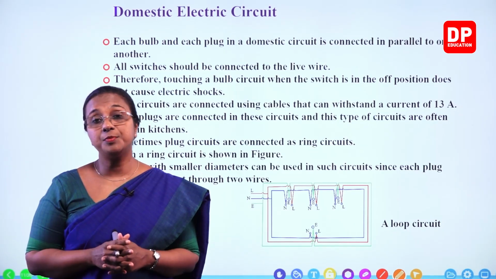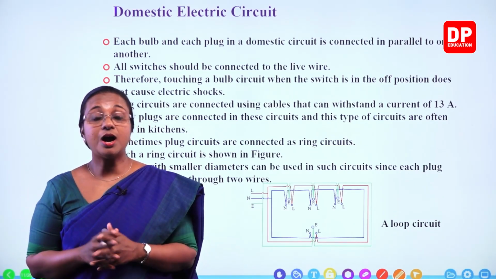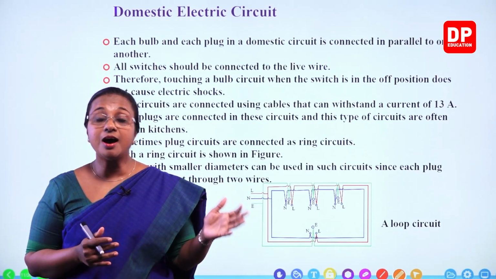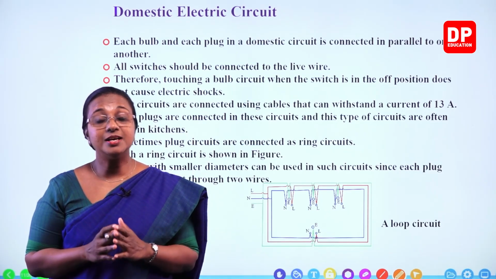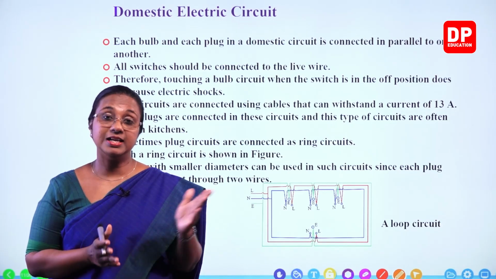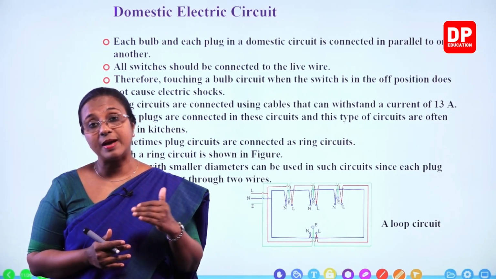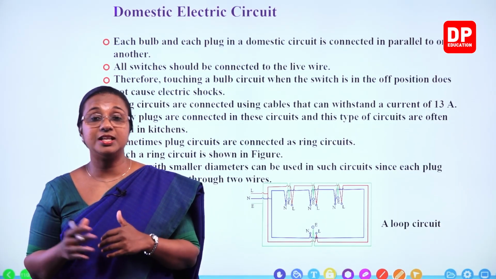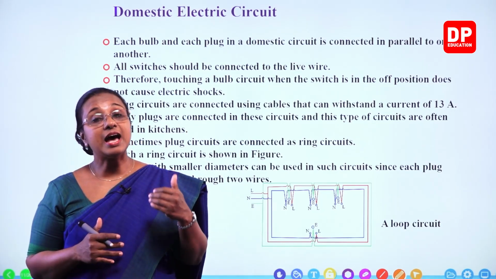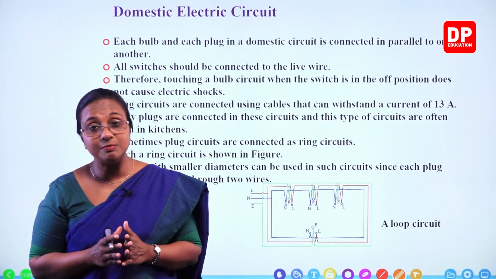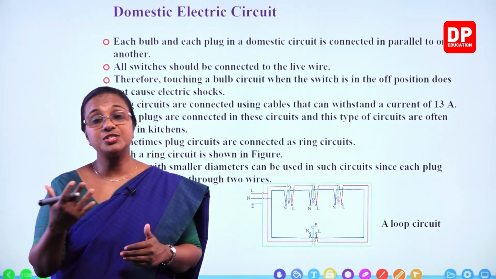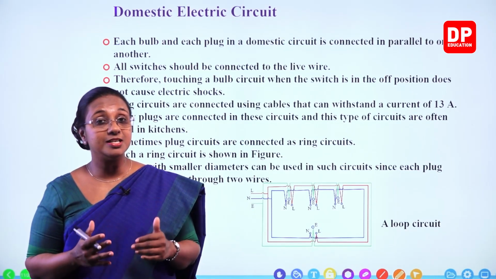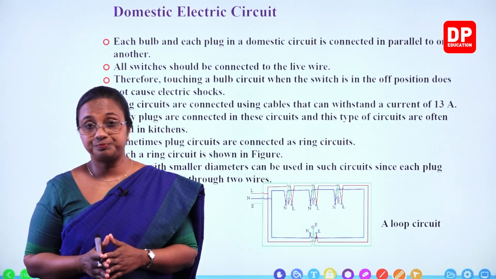So the first component in the household electric circuit after the supply cables is the overload circuit breaker. It allows the current of maximum 40 amperes to enter into the circuit. Then after that we have the electricity meter, which records the amount of electric energy consumed by the household.